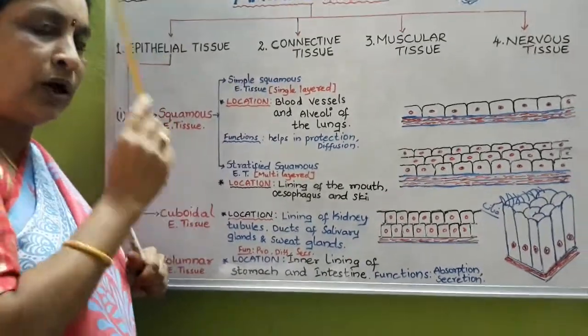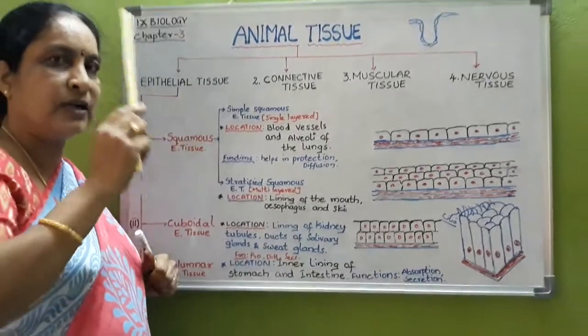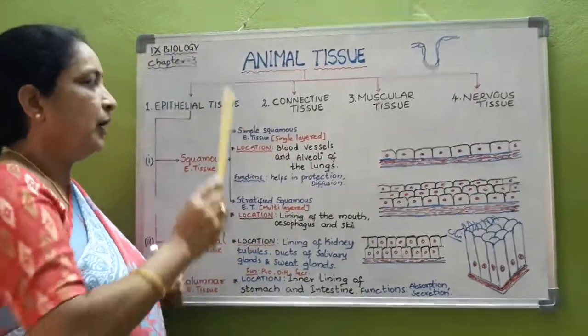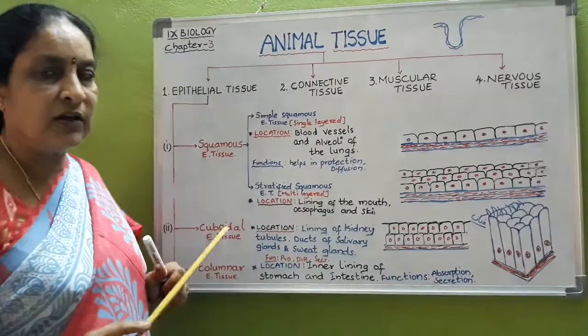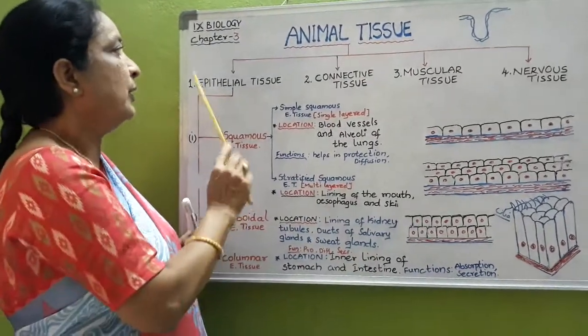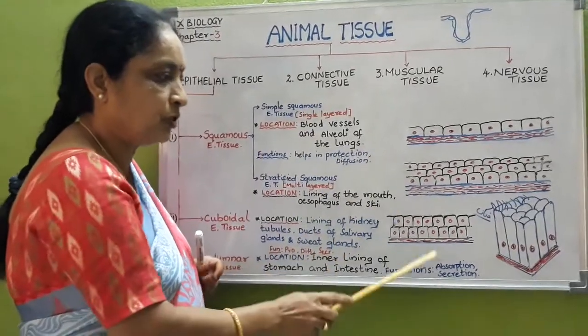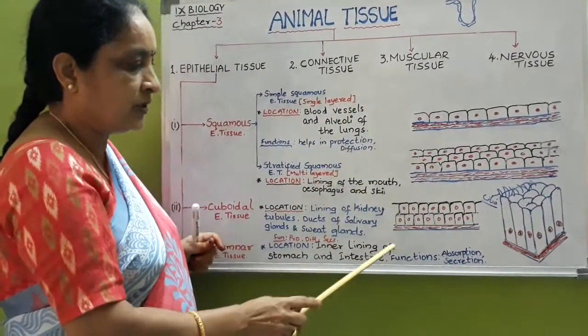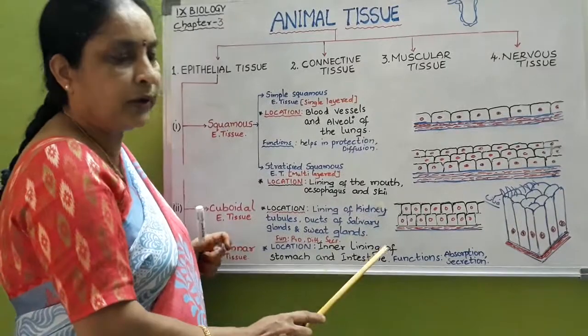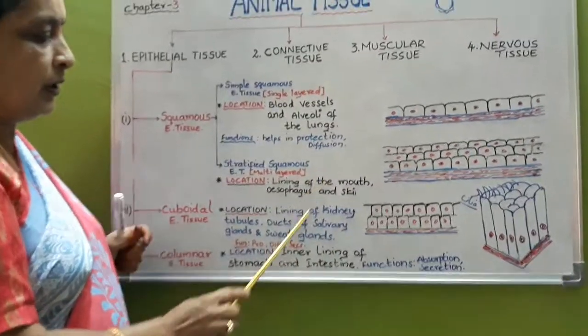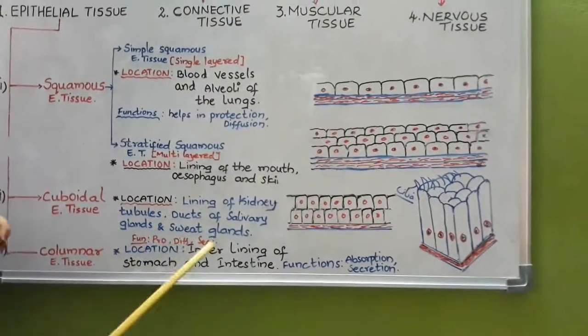It not only protects the outer parts and inner parts of the organs, it maintains the balance of the body, and it does the functions of diffusion, absorption, secretion, and sometimes movement, and also transportation.